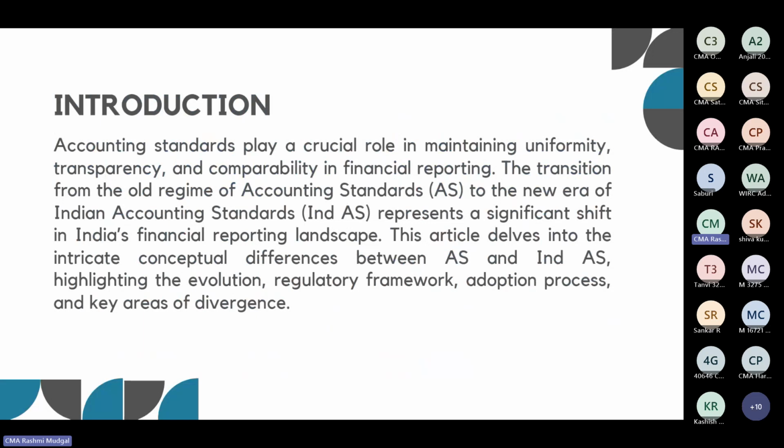The transition from the earlier accounting standards to the new era of Indian Accounting Standards, that is Ind AS, represents a significant shift in the Indian financial reporting landscape. The article delves into the intricate differences between accounting standards and Ind AS, highlighting the evolution, regulatory framework, adoption process, and key areas of divergence. We are going to talk about the differences.